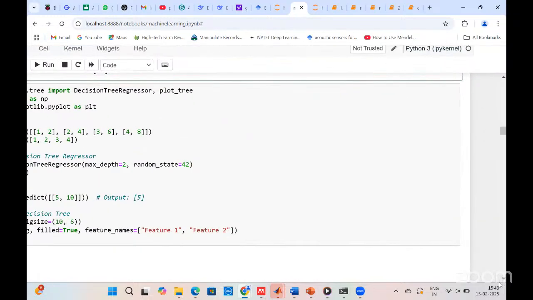What is the depth I have taken here? Maximum depth 2 means whatever decision tree there is, the depth of the children should be only 2. Okay. If I need the prediction at 5 comma 10 also, the prediction will not be done exactly. The nearest prediction will be done.